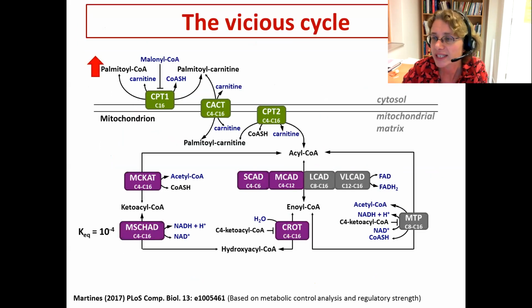So Anna-Claire Martinez in the lab, a PhD student, analyzed this model, and I won't go into much detail, but I think for the theoreticians among you, it's an interesting paper, because she used a combination of metabolic control analysis, and a theory analyzing the regulatory strength in this network. And she used this to identify a vicious cycle. And I'll just show you what is in the end the summary of what she found.